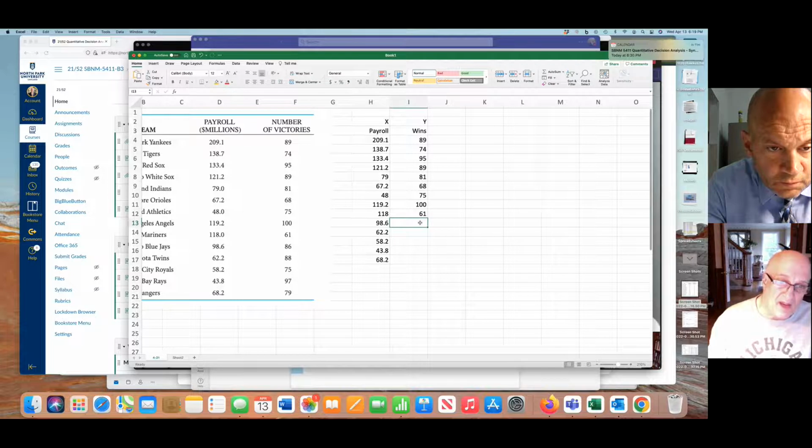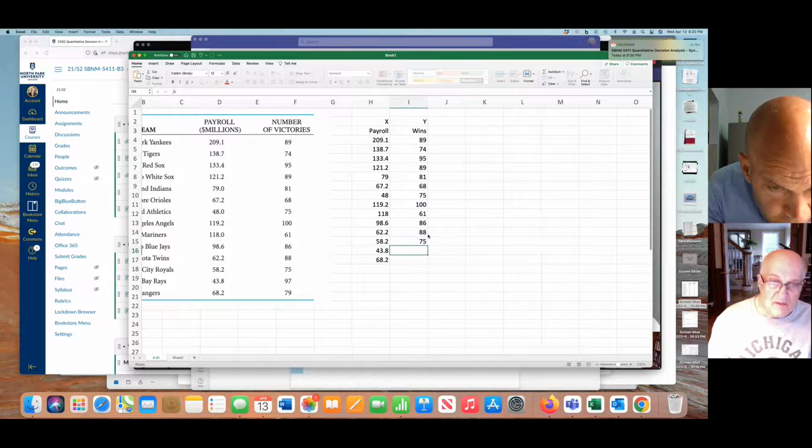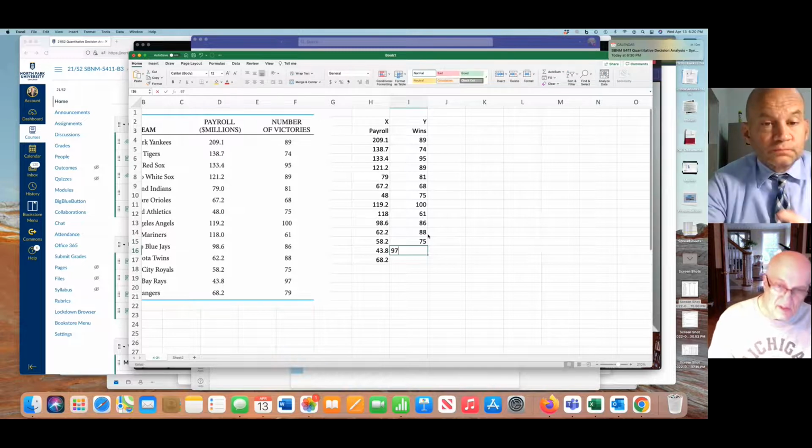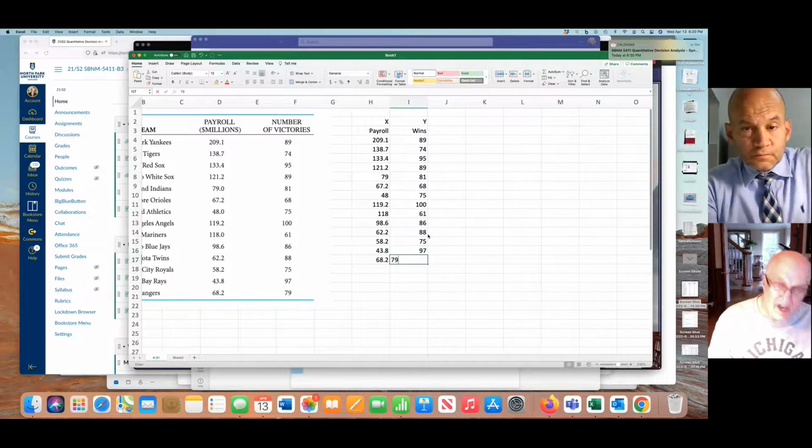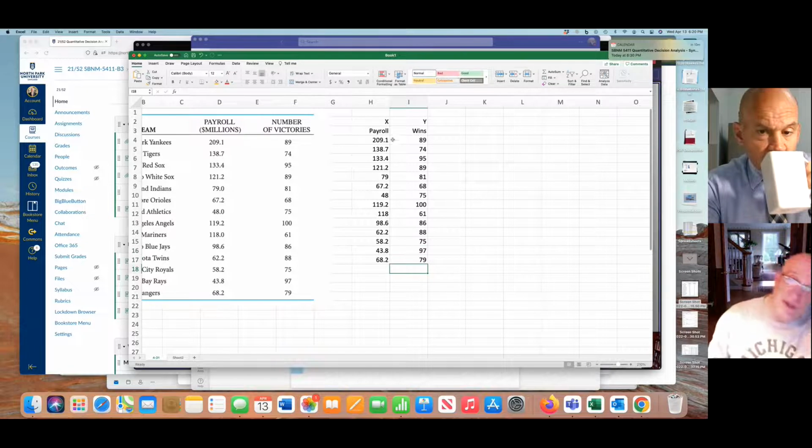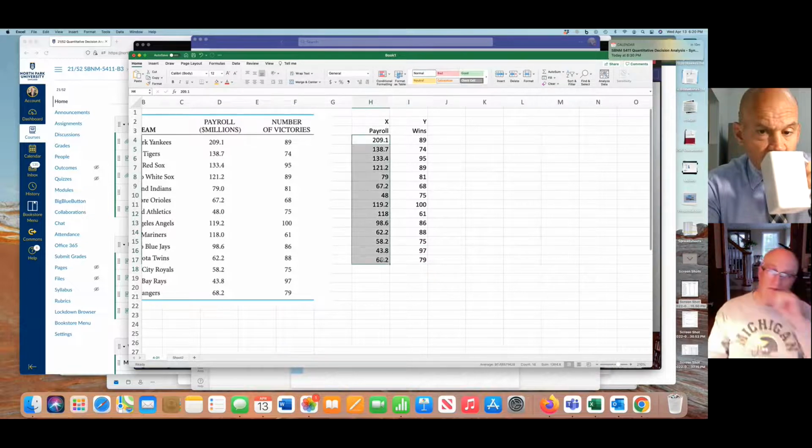If I want to reorder it, I can. When I graph it, it will fix itself and put it in order. Okay. 86, 88, 75, 97, 79.